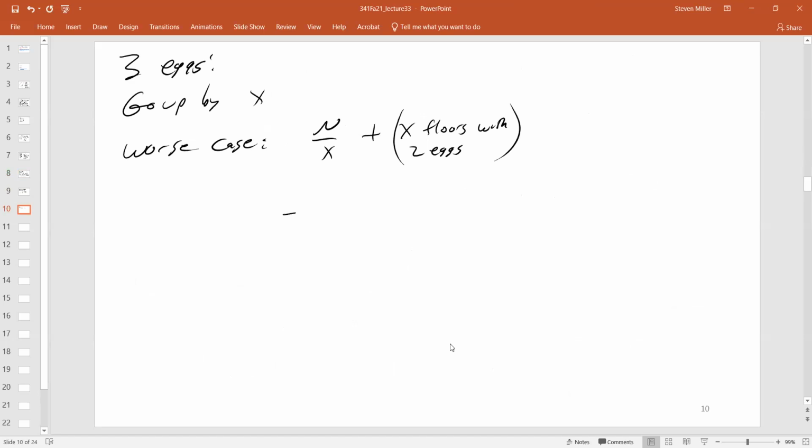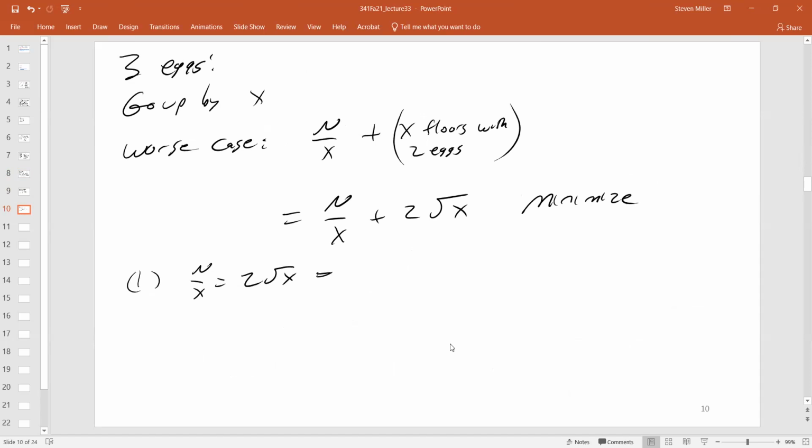So over here, this should be N over X plus 2 square root of X. So we want to minimize this. One approach is N over X equals 2 square root of X. Therefore, N over 2 equals X to the 3 halves. So X is going to be on the order of some constant times N to the 2/3.